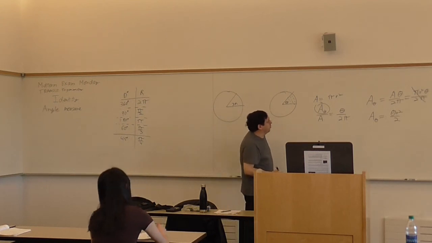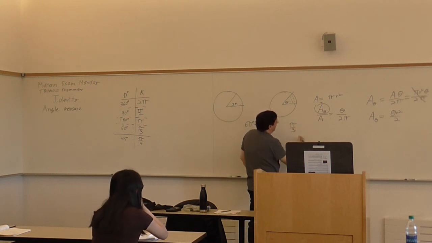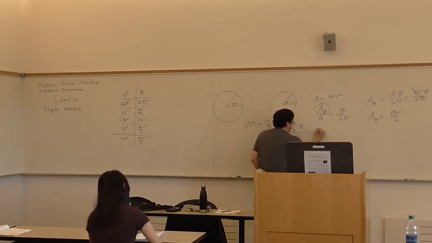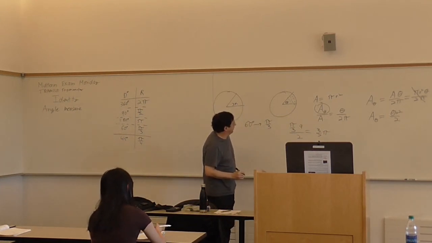And then I can just use my formula. It's going to be pi over 3 times the radius squared, that's 9 over 2. So that'll be 3/2 pi. Is that right? Yeah.